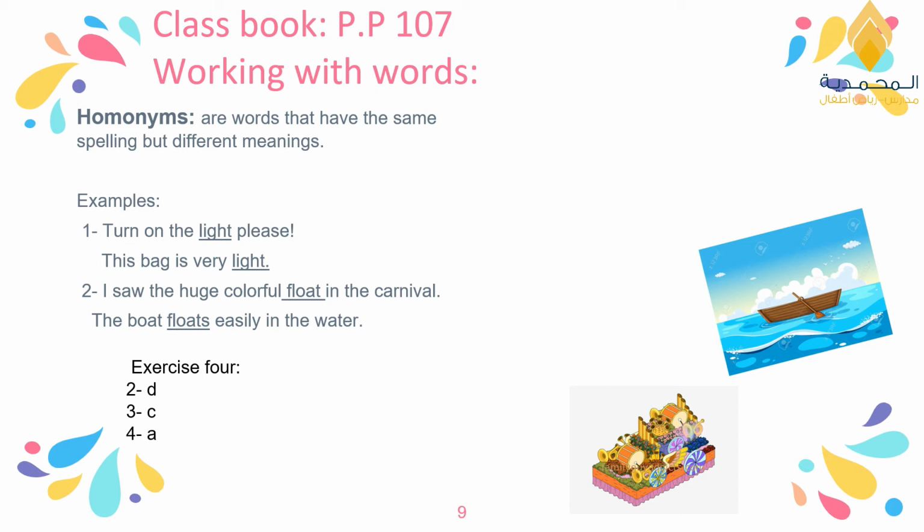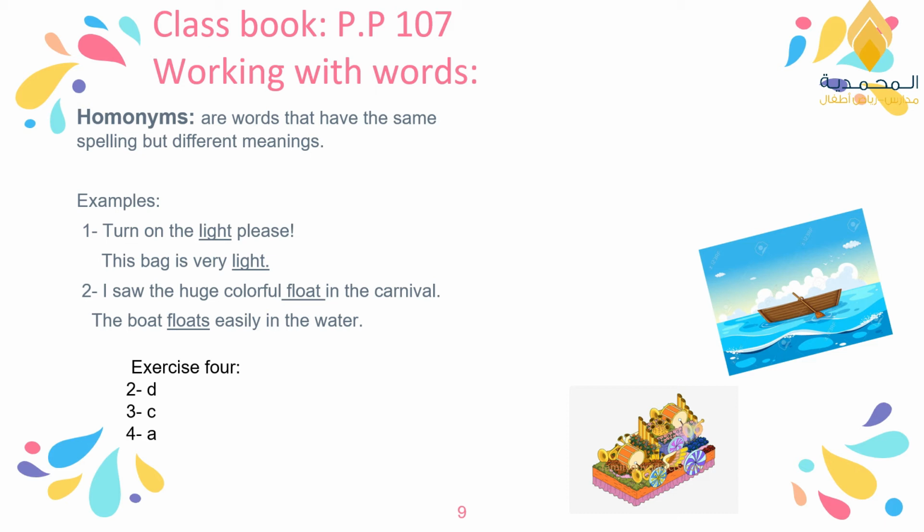Take a look at the examples. Number 1. Turn on the light, please. This bag is very light. In the first sentence, light is a noun, and in the second sentence, light is an adjective. Can you guess what's the meaning of light in the first example? Excellent!